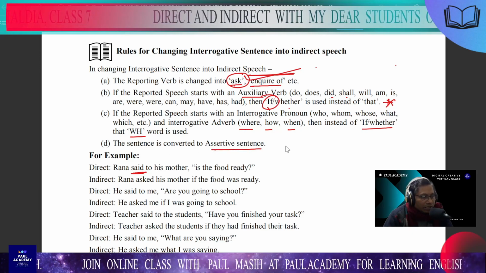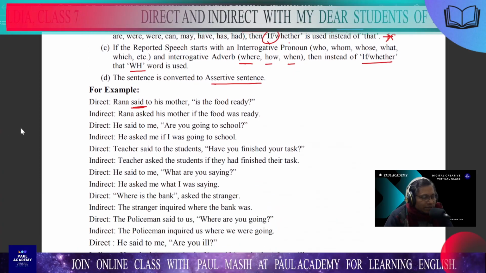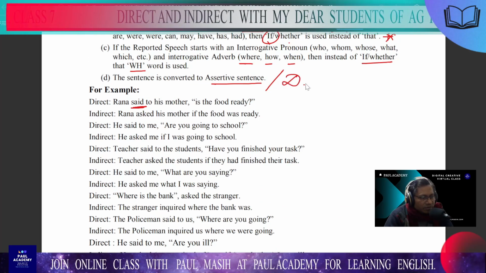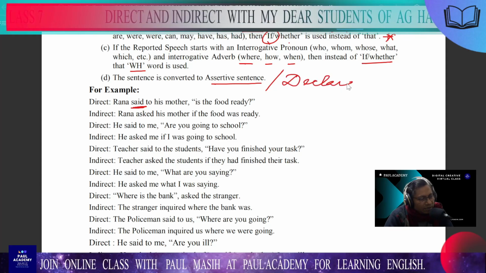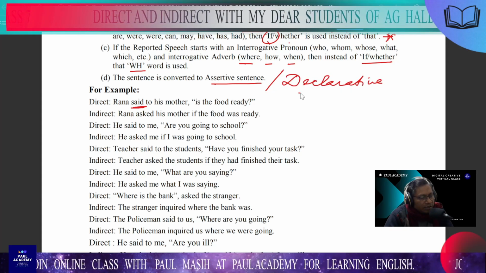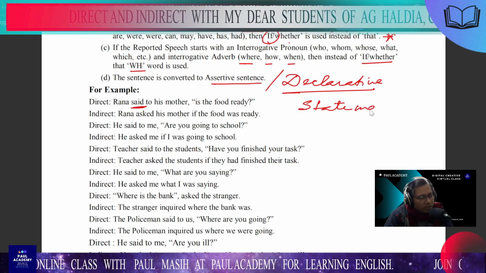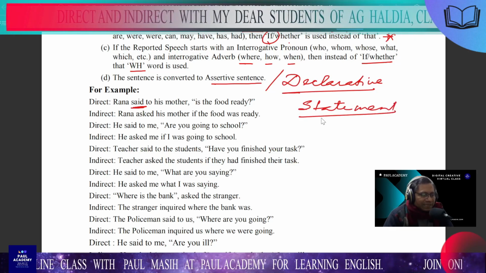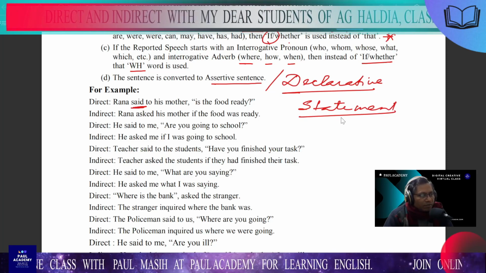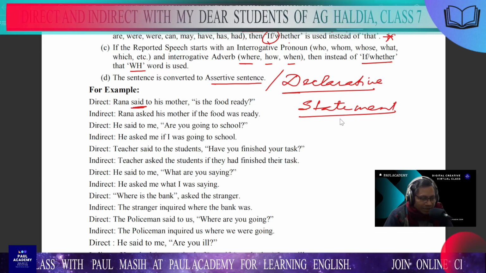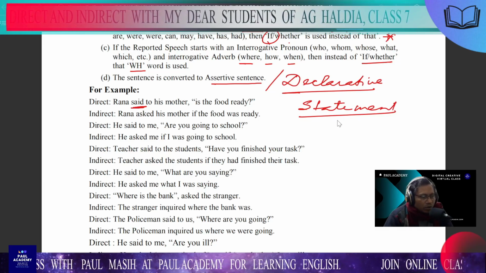And the sentence is converted into an assertive sentence. Make sure that all the indirect sentences are assertive sentences. What is the meaning of assertive sentence? Declarative. Declarative means statement. So every sentence, whenever you are changing into indirect, becomes an assertive, declarative sentence, a statement.